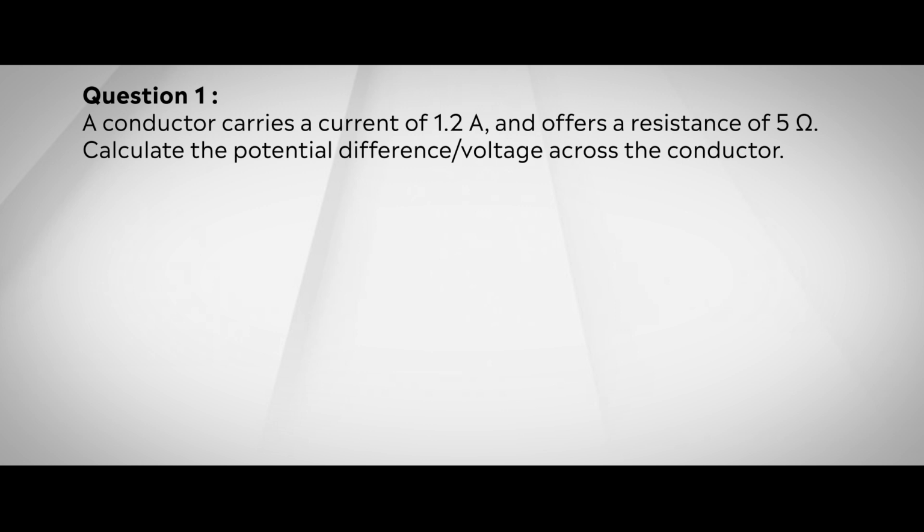Now, when you see such kind of problem, what will you do? As always, you have to list the given variables. In this question, the given variables are current I is equal to 1.2 amperes, resistance R is equal to 5 ohms, and voltage is not given. So what do you know?